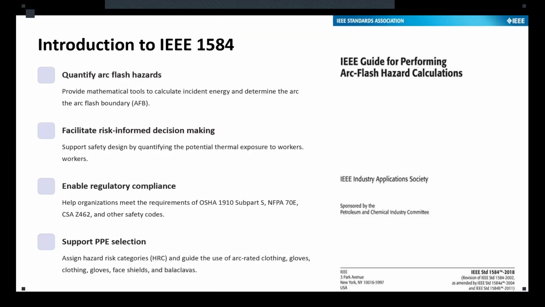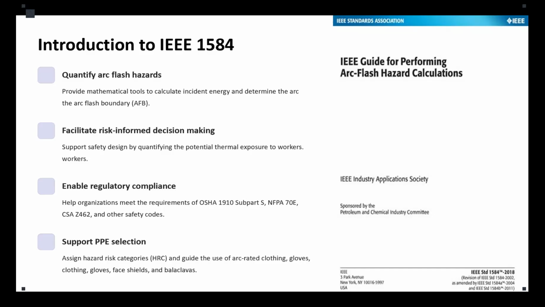For this discussion, let's begin with a fundamental question: what is IEEE 1584 and why does it matter? This standard is a global standard for quantifying and mitigating the arc flash hazard. It was first introduced in 2002, but the next version, 2018, marked a turning point for arc flash safety.